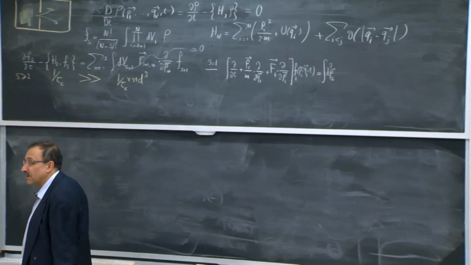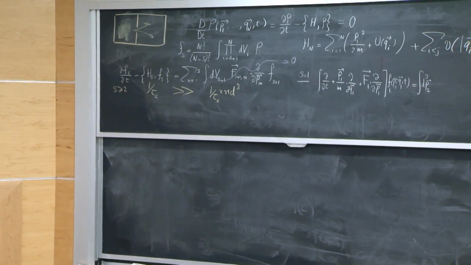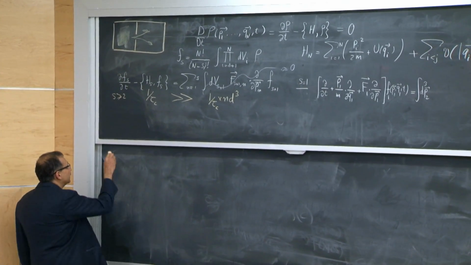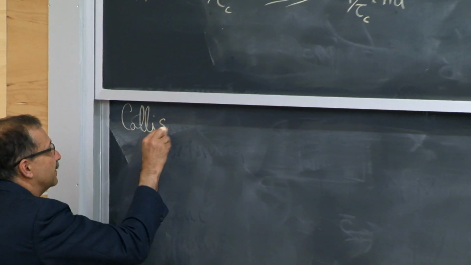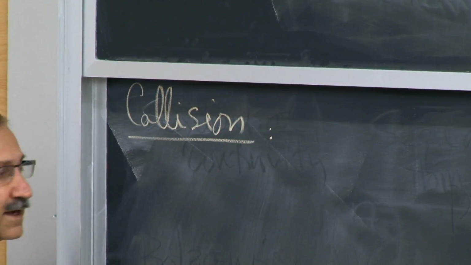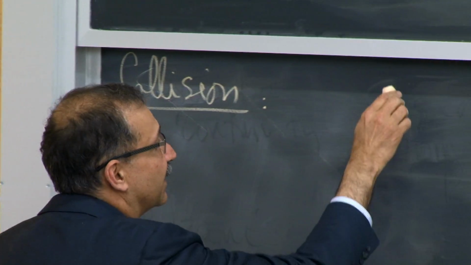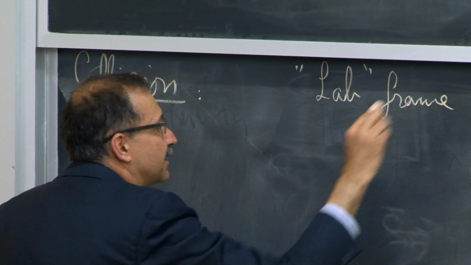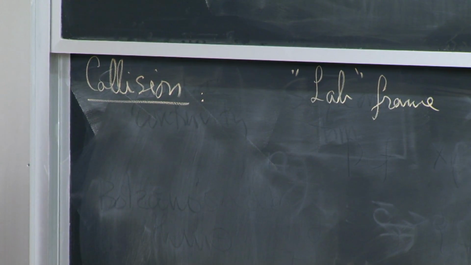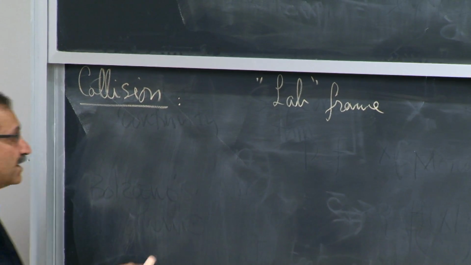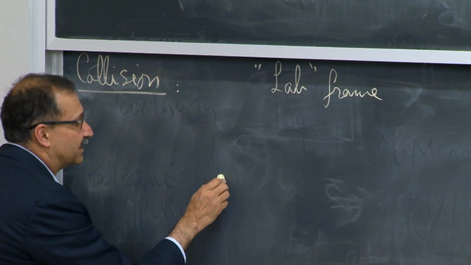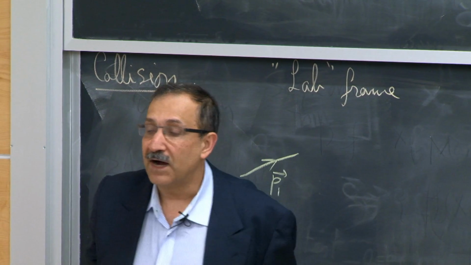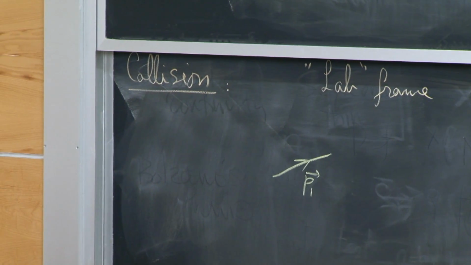And since the right-hand side of F2 we set to 0, essentially F2 really describes the Newtonian evolution of two particles coming together and having a collision. And this collision, the way that I have it over there, is in what I would call a lab frame. And the perspective that we should have is that in this frame, I have a particle that is coming with momentum, let's say P1, which is the one that I have specified on the left-hand side of the equation.